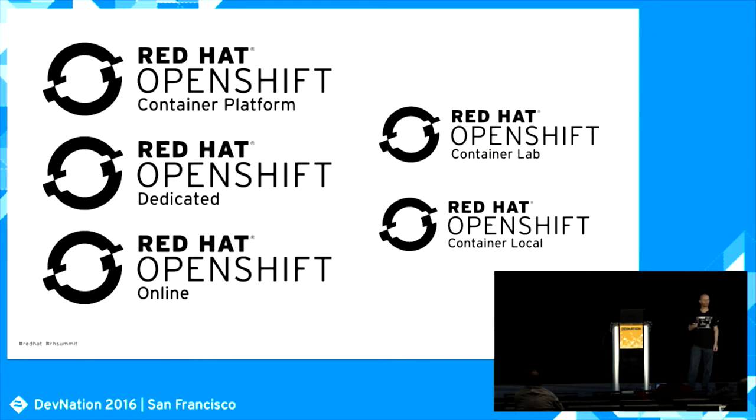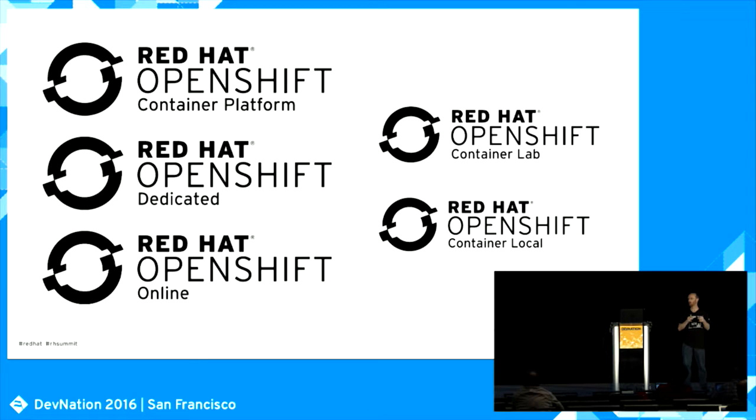As far as OpenShift in the past, there were essentially two ways you could use it with OpenShift 2. We had OpenShift Online, which was the public path, or you could get OpenShift Enterprise, I think it was still called at the time, and you could install that on your own machines and look after it yourself. In OpenShift 3, we have a range of other options now as well. There is OpenShift Container Platform, which is what we used to call OpenShift Enterprise, which you use if you want to install it yourself and manage it yourself.